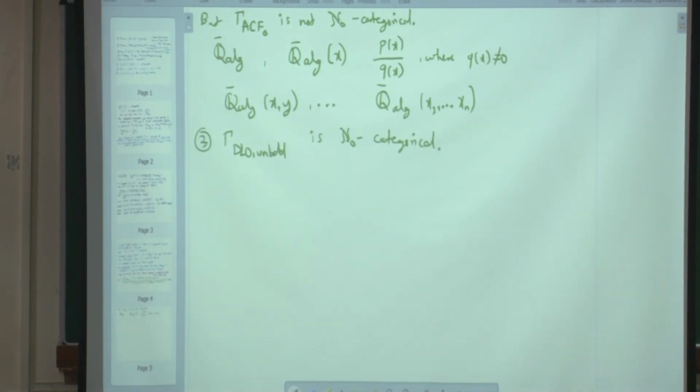Do you remember what was the first theorem that we proved in the class? The very first theorem. Cantor's theorem. Very good. So this one is also due to Cantor. So this is called the Cantor isomorphism theorem.